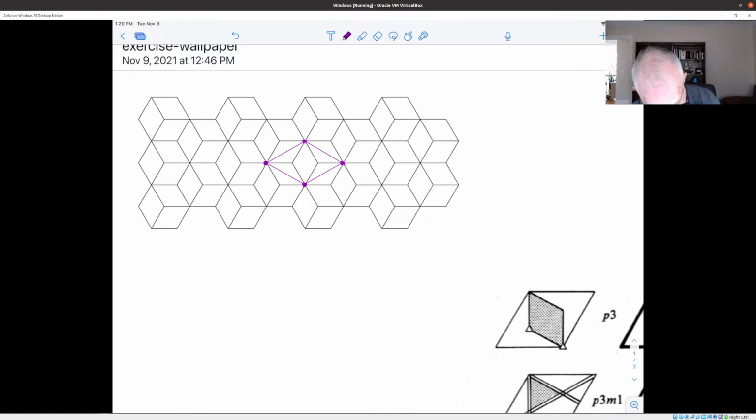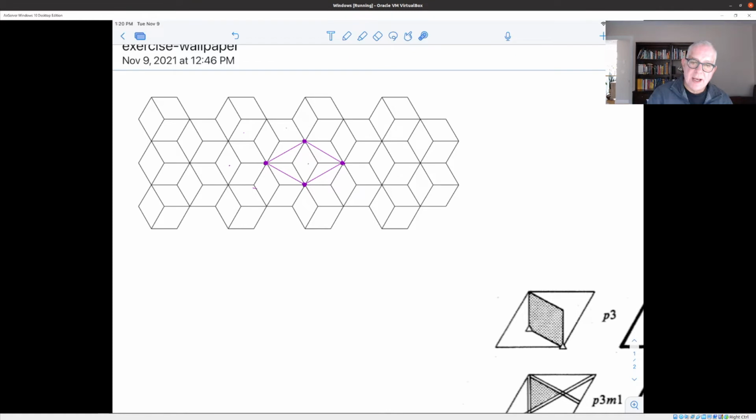There is a 6-fold rotational symmetry about this point, where these 6 diamonds rotate around each other. For instance, this diamond goes here, this diamond goes here, this diamond, you can't see what I'm doing. This diamond here would go here, and then to here, and then to here, and then to here, and then to here, and then around, and so forth. And so there is a 6-fold rotational symmetry at this point.